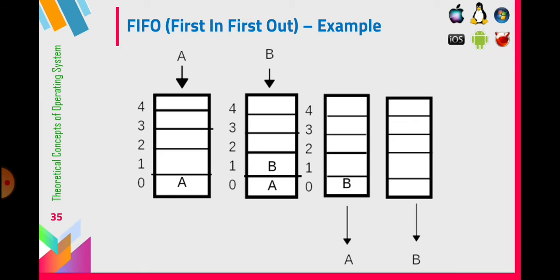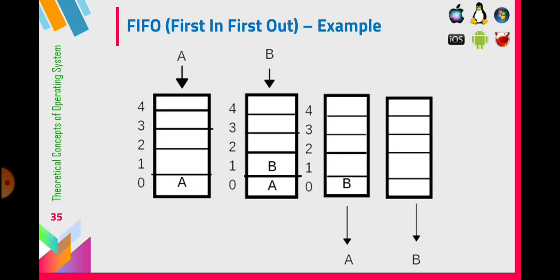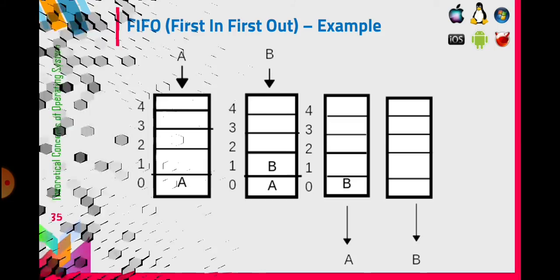Which element goes first in this queue? A comes out, and then which one is the next element? B. So the B element comes next. In whichever order we post the elements in this queue, that same order they come out. So this is the example of the first in first out algorithm.